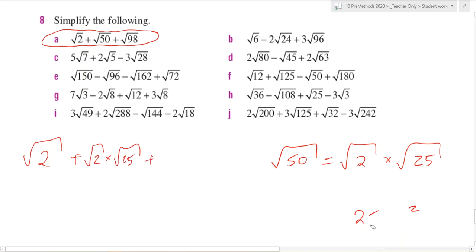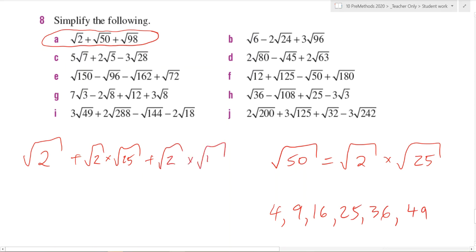Again, 98. We're looking for square numbers. So 4 is 2 squared, 9 is 3 squared, etc. So 98 you can change to square root 2 times 49, because 49 is 7 squared.